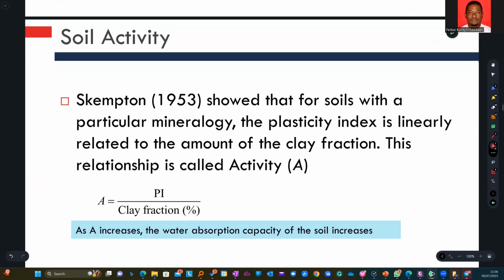Then soil activity is just like trying to find out how busy a soil is going to be or behave in the presence of a certain amount of what? Clay. The tiniest clay sample within the soil sample, how is it going to behave?